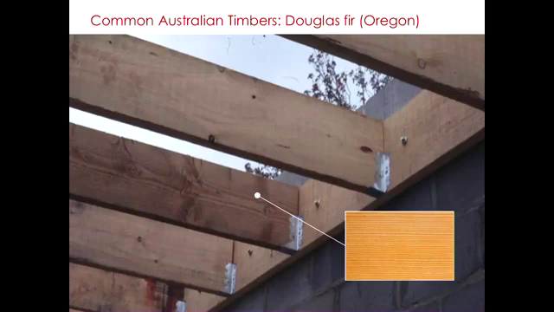The reason we use Douglas fir is because it's generally available in very long pieces, and most of the time, joists need to span quite a few meters. The other thing is that Oregon is really suitable for outdoor applications. You can probably see the galvanized plates that are used to make the connection between the ends of the joists.